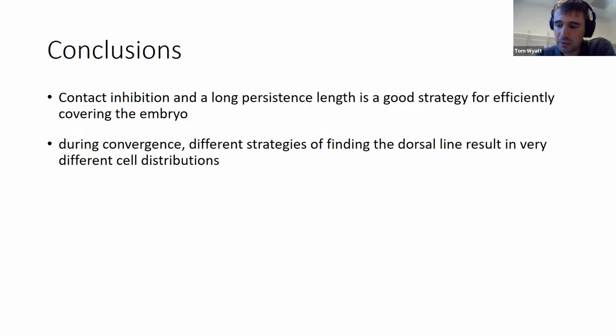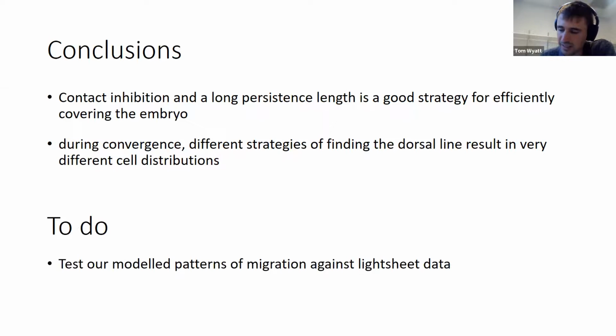So that's something we really want to explore in the data. So our main to-do now really is to dig out these migration tracks from the light sheet data, so that we can make some more direct comparisons with that simulation.